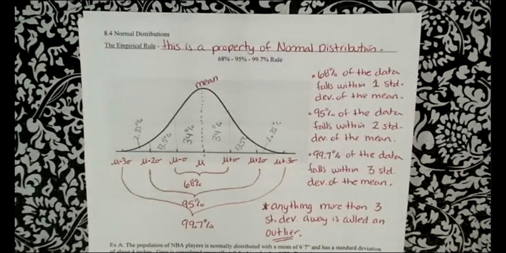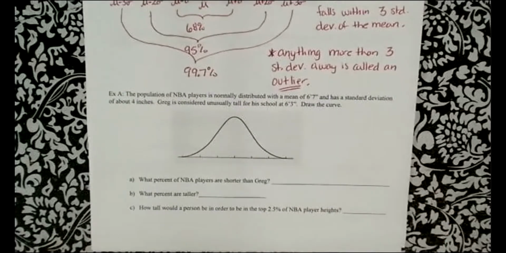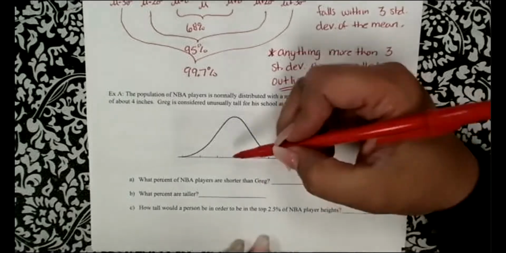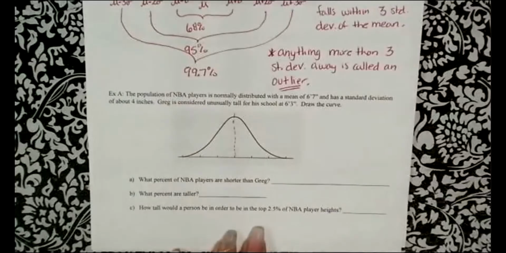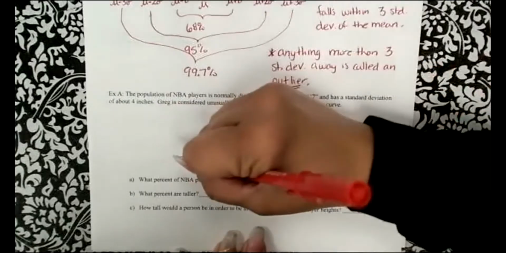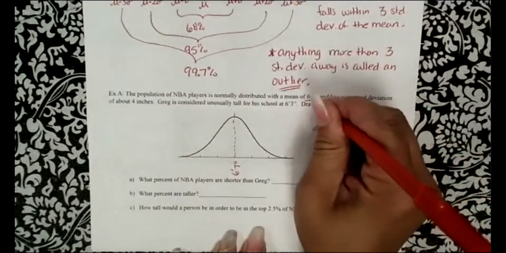Okay, let's get to some examples. All right. The population of NBA players is normally distributed with a mean of 6'7". So right here, this is going to be the mean. That is going to be 6'7".